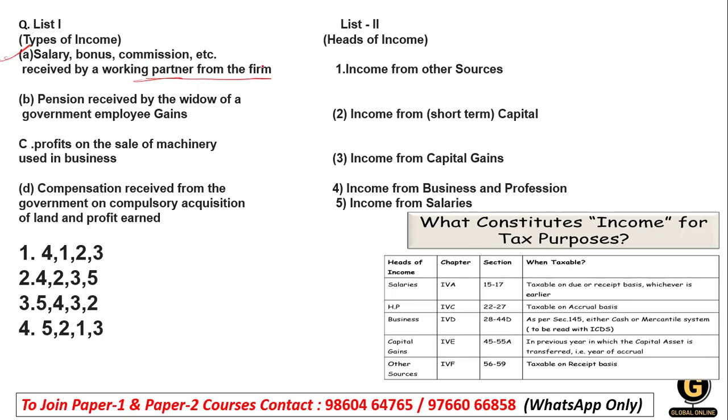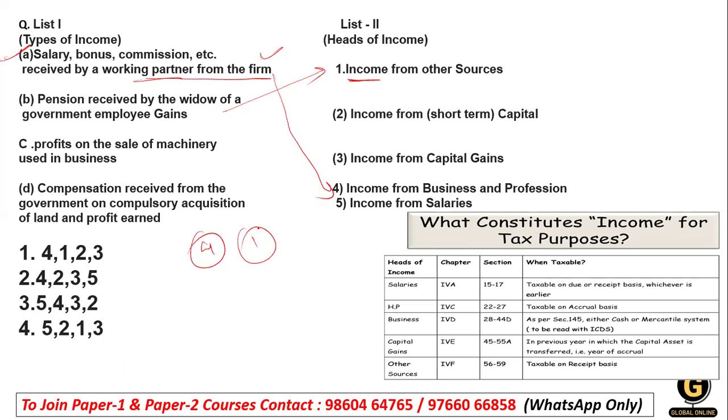But after that, it says a partner from the firm, so it comes under business and profession. So the first is 4. After that, pension received by the widow of a government employee comes under income from other sources.